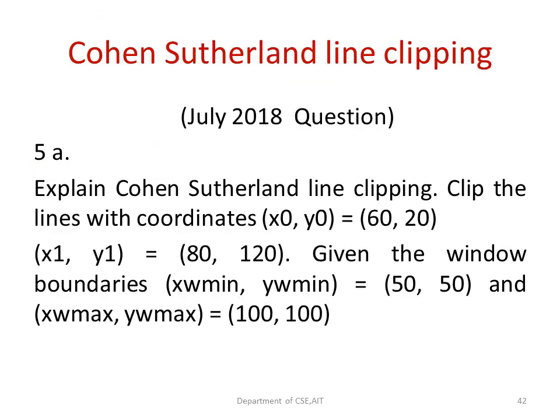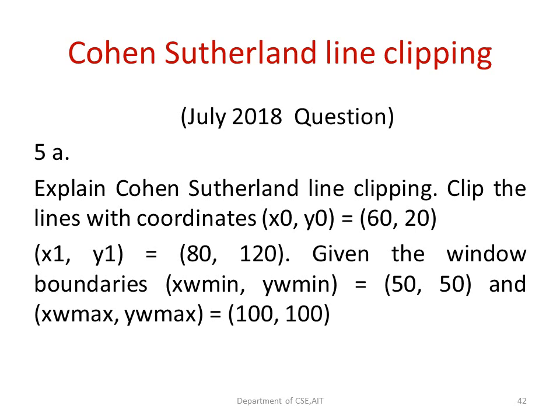I will take an example of a previous year examination paper, and we will see how the Cohen-Sutherland line clipping actually works. So we have to clip the line with the coordinates. The line has its coordinate values x0 and y0 as 60 and 20, and the other point is 80 and 120.